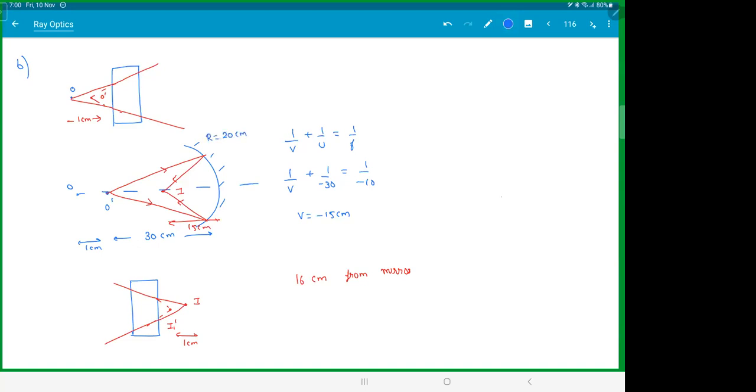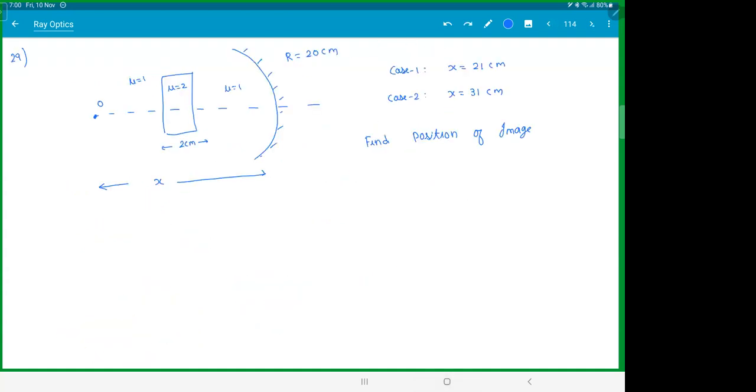Clear, everyone? Let's see the next one. Anyone not clear what happened, please ask. You just treat the slab separately, mirror separately, and then just use one after another. This one is easy.